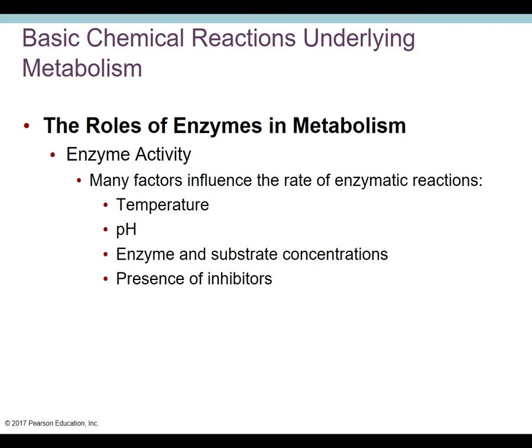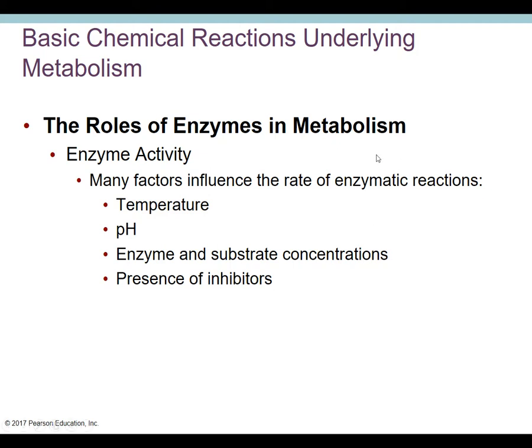So if we're talking about a pathogen, like a bacterial infection, then how fast the enzymes work is going to determine how quickly the infection is going to spread. And that's really important, because if an infection spreads really quickly, it can overtake the immune system in the body and be very bad. If an infection moves very slowly, then the immune system will be able to fight it off much more effectively.